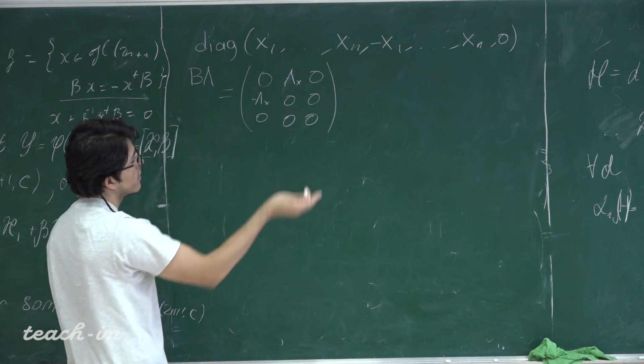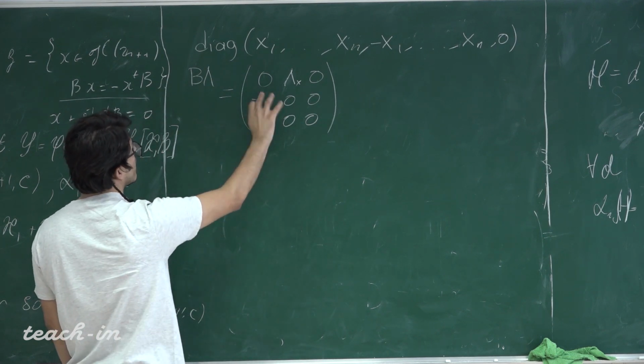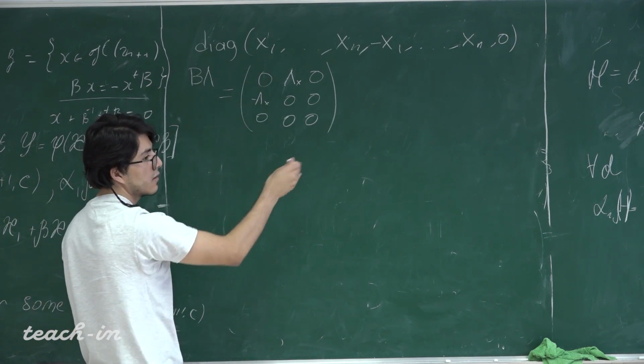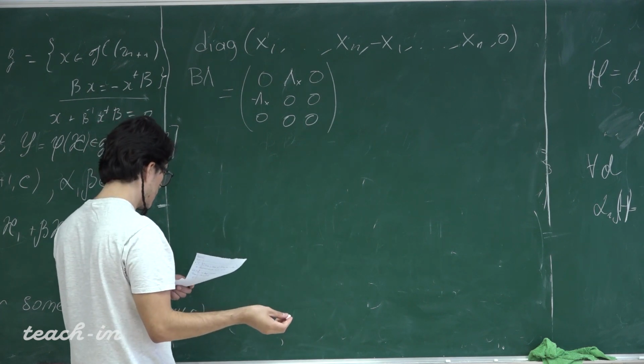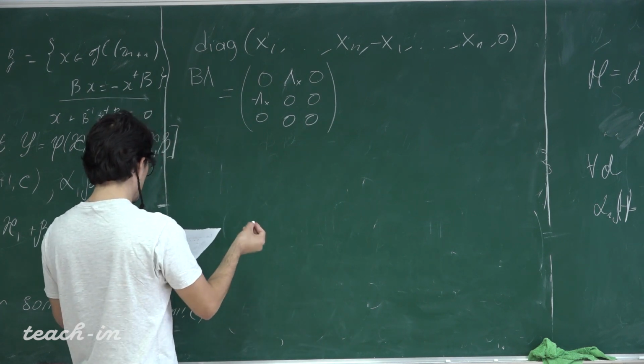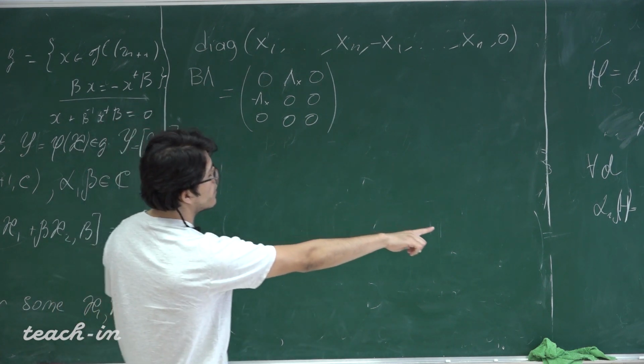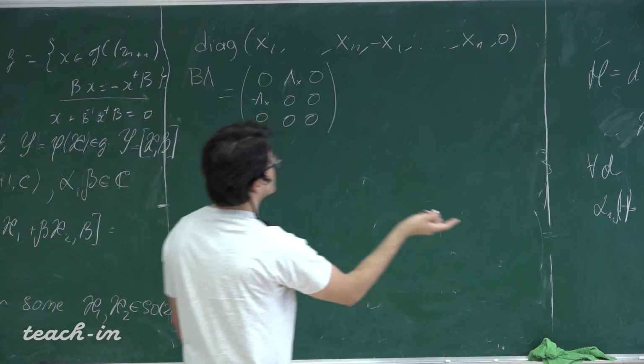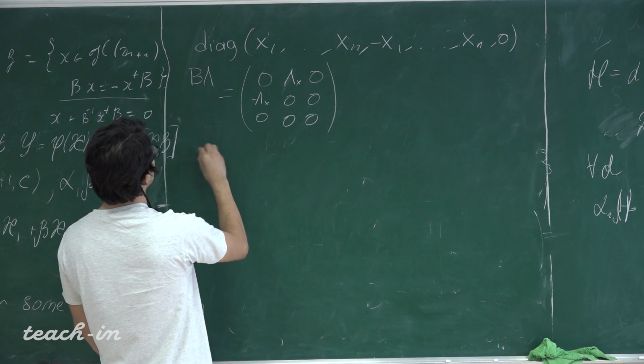And we have to check that this is a Cartan subalgebra, and these elements only commute with elements like this. Maybe we can skip that. Okay, it is. And then we have the same basis for the dual space.